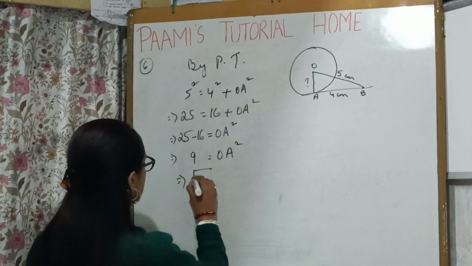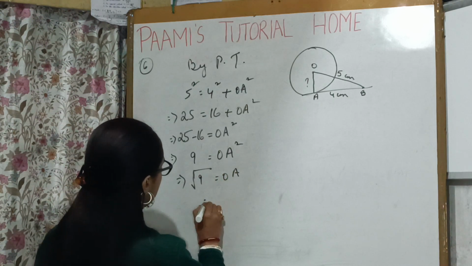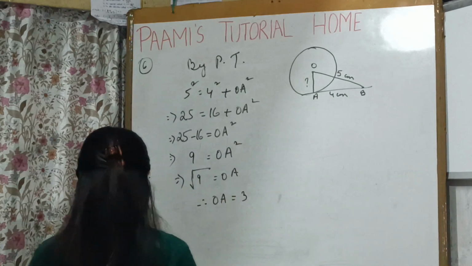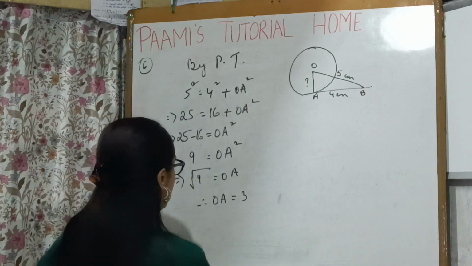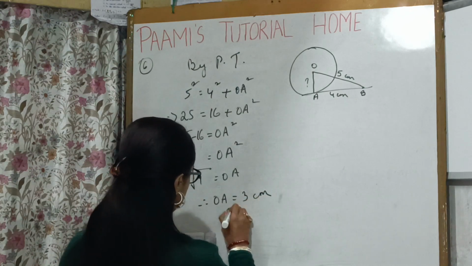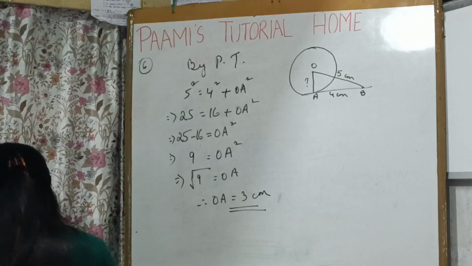Root comes this side, becomes a square root. Therefore, OA is equal to 3. Remember, highlight it, and write the unit. Done.